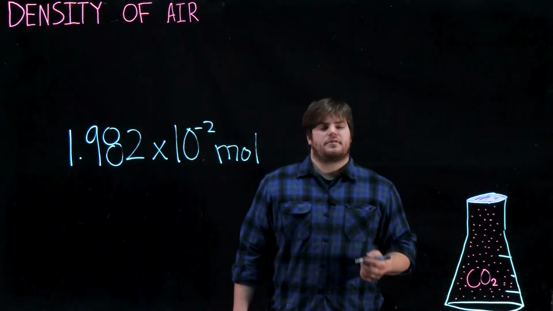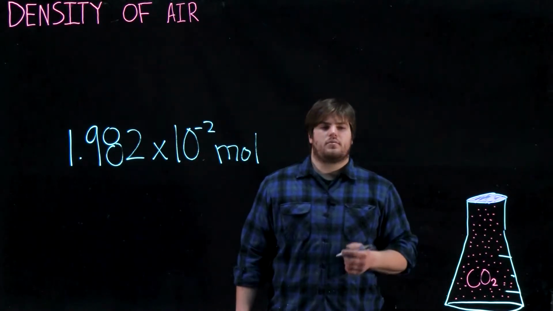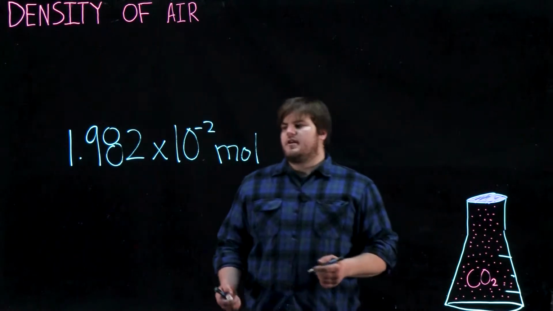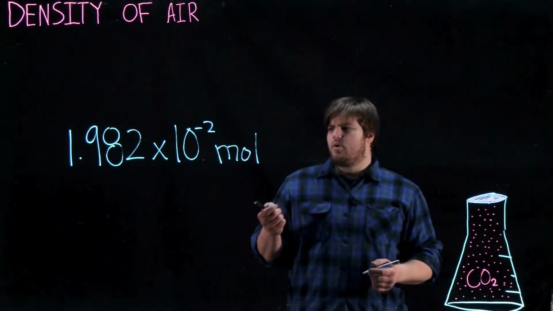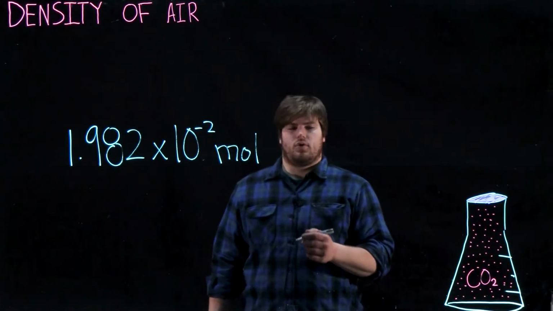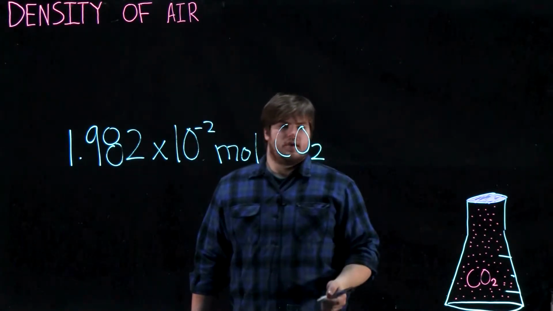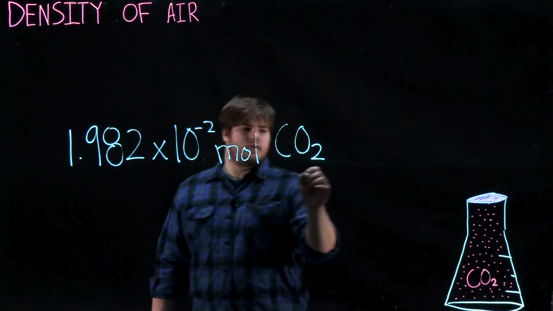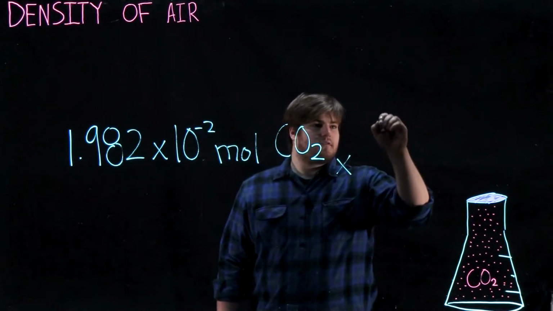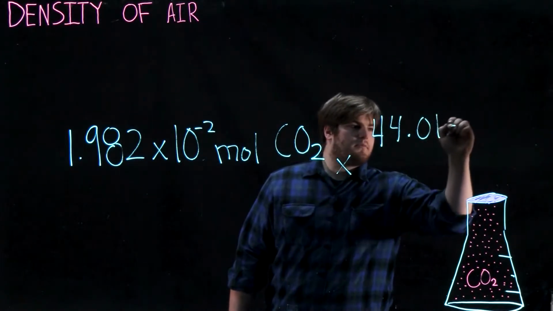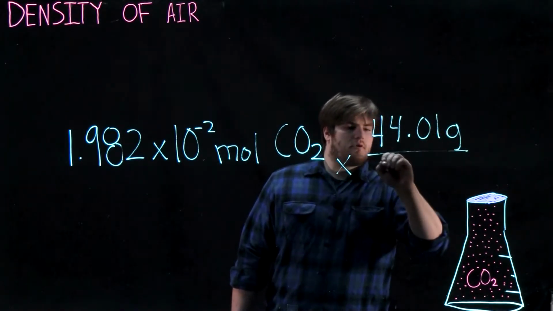Once the number of moles of CO2 gas is known, we can use the molar mass of CO2 to calculate how many grams are present. So we just found out that there is 1.982 times 10 to the minus 2 moles of our CO2. That's what we just calculated from PV equals nRT. Then using the molar mass, we can convert this, because we know that there's 44.01 grams per mole of CO2.